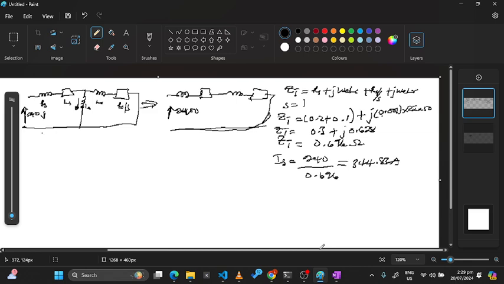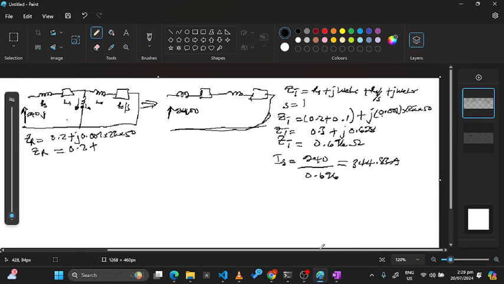For this part, let me call it ZR. For the rotor, you are going to get 0.2 plus j 0.001 times 2 pi times 50. That will give you ZR, 0.2 plus a certain value.